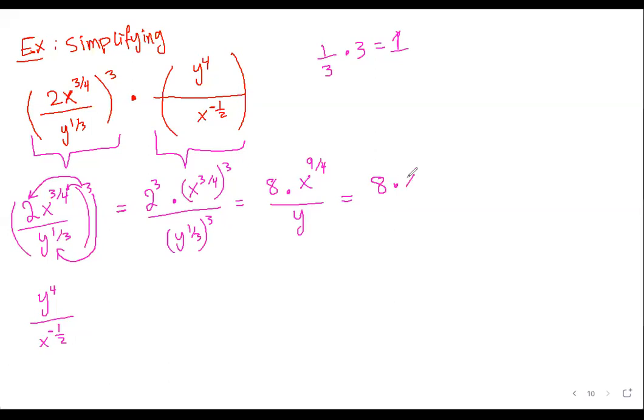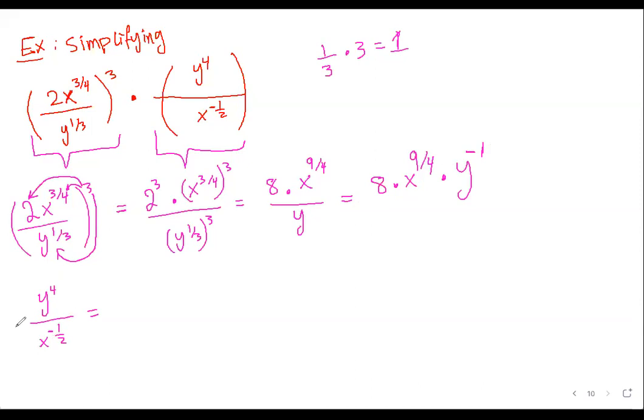It is 8 times x to the power 9 over 4 times y to the, and when I move this one up, I change the sign of the exponent to negative, minus 1. So here, y to the power 1 becomes y to the power minus 1.